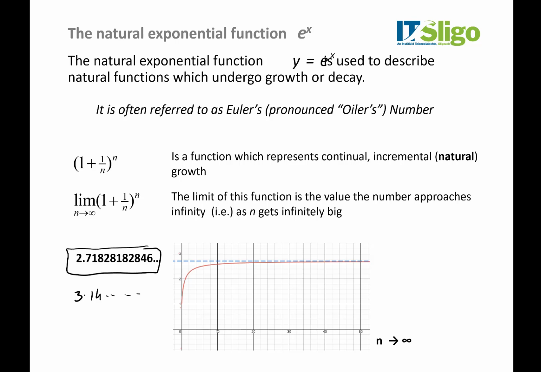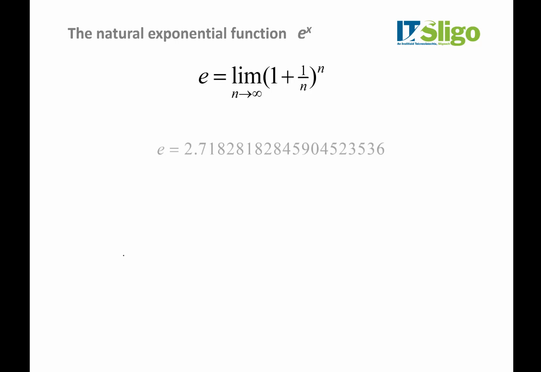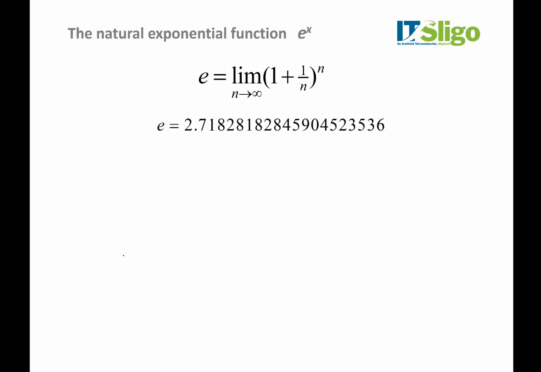It's used to describe natural growth or decay, depending on the sign on the power. This is its formal mathematical inscription, the formal definition of E. And like I said, this is it written out to about 15 decimal places. It goes on forever and ever though.